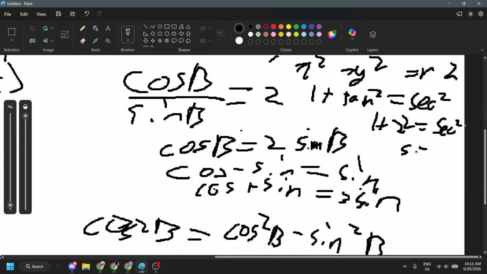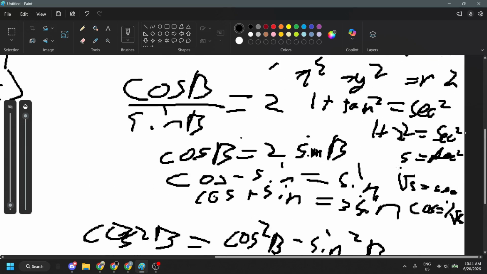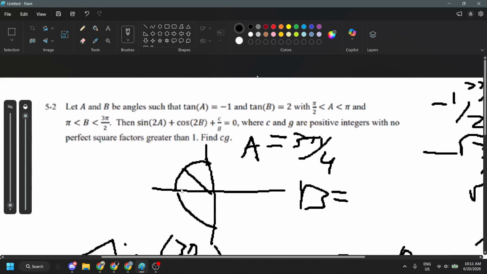So 5 is equal to secant squared, which means root 5 is equal to secant. Secant is 1 over cosine, so cosine is equal to 1 over root 5.